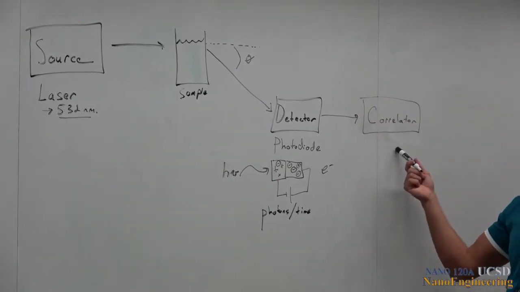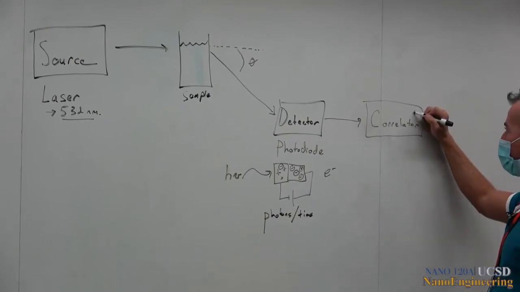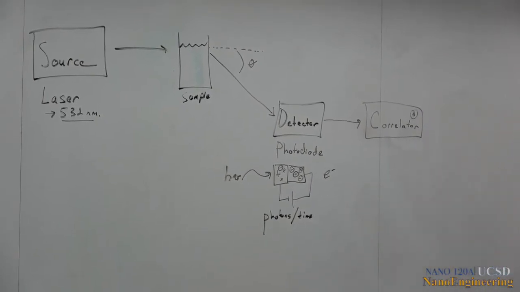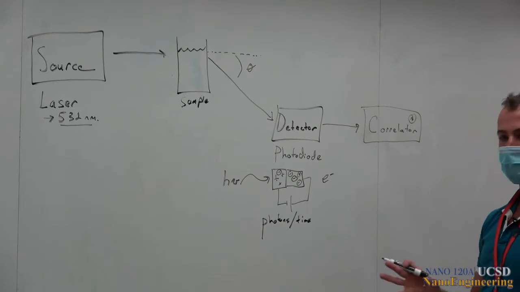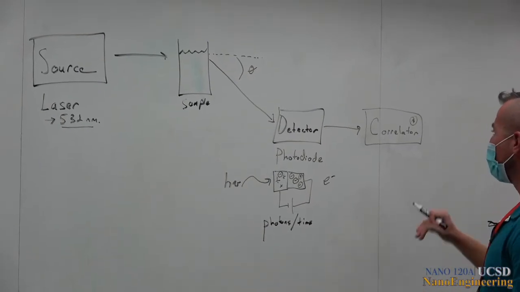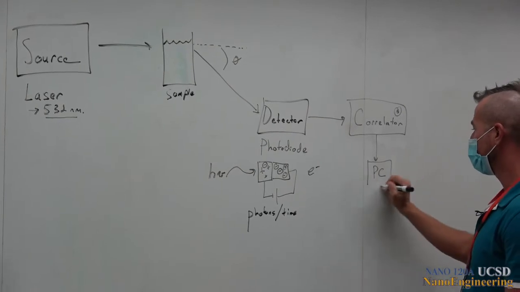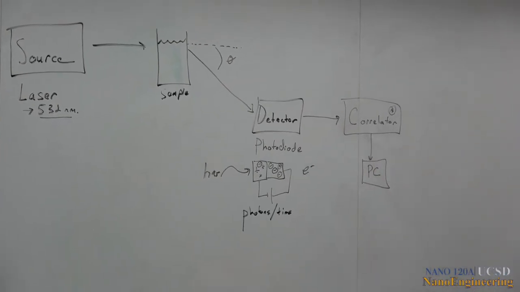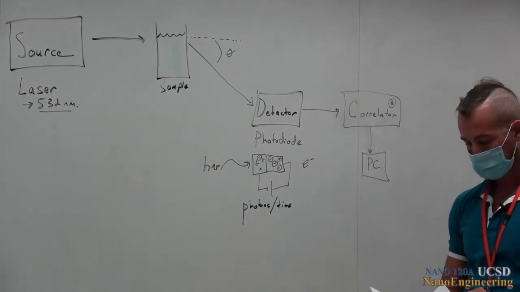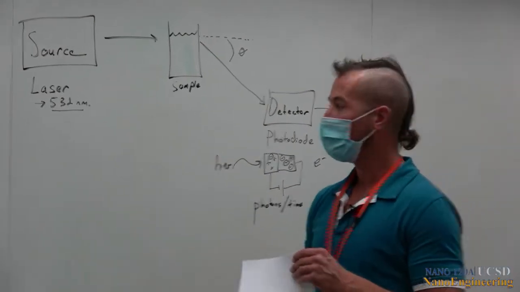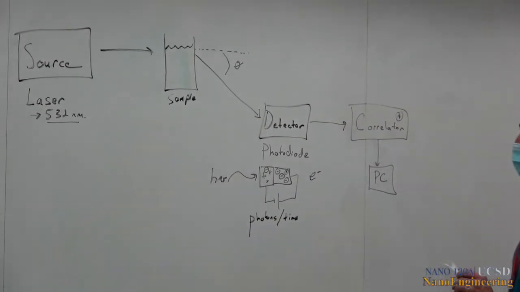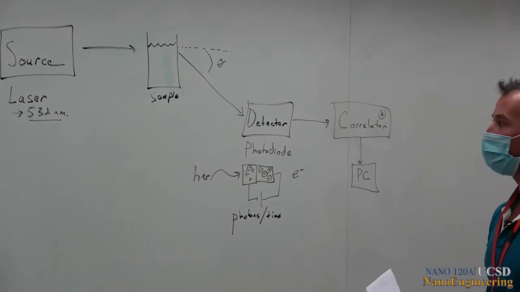But this is kind of where the magic happens, this correlation. I'm just going to wave over it for now because it's coming. And then some kind of PC for readout. Okay? So that's how the system's kind of designed.